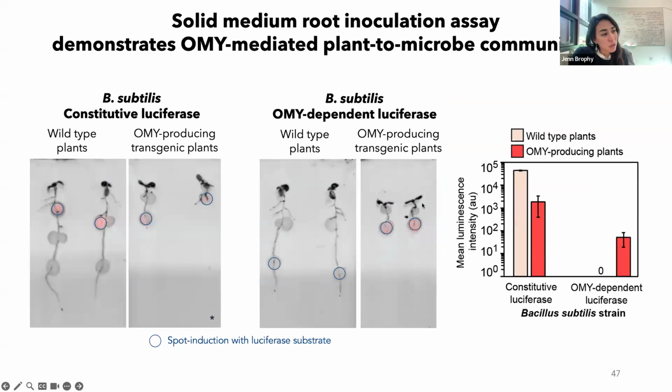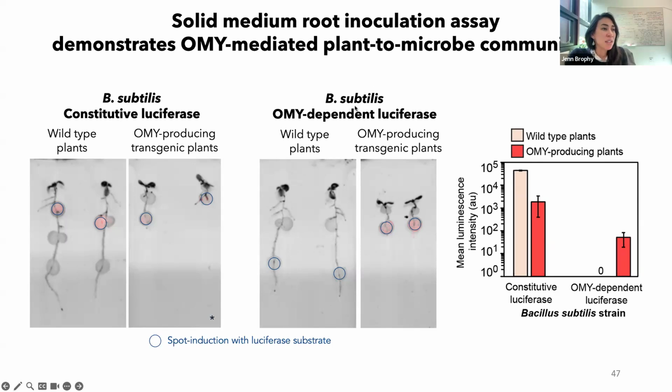So here's an example of what these experiments look like. This is a constitutively active Bacillus subtilis, so it creates the luciferase regardless. It has no stop codon in the luciferase gene. And you can see a luminescent signal on either the wild type plants or the plants that are producing the non-standard amino acid.